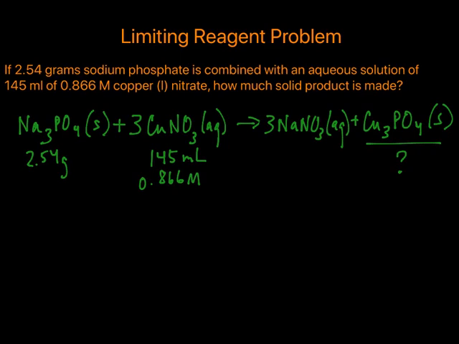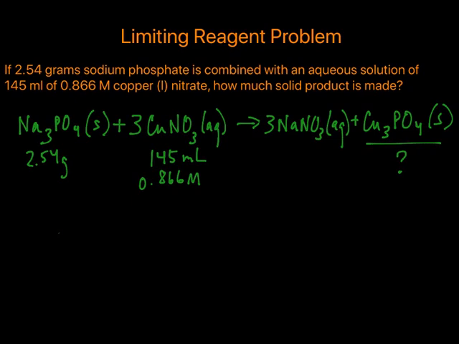So to do the limiting reagent problem, the quickest way is to turn this into moles, figure out how many moles of this we're going to have, and figure out how many moles of this we're going to have here. That's our first step. So let's do that.